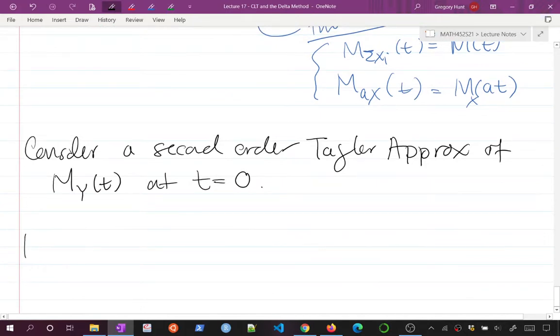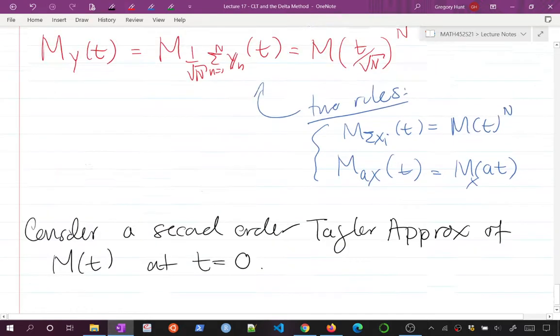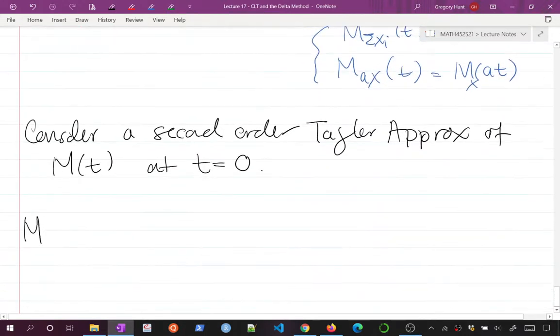You know what, let's not look at M_Y, let's just look at M. Just make your lives easier. M_Y is just a function of M anyways.